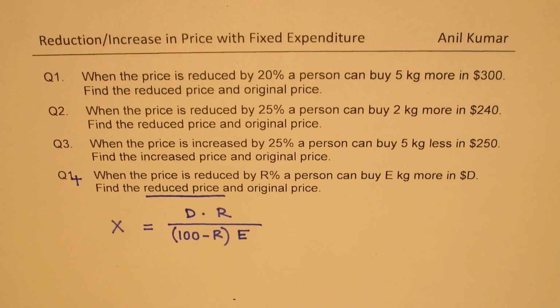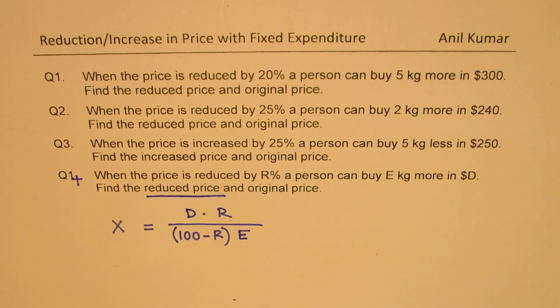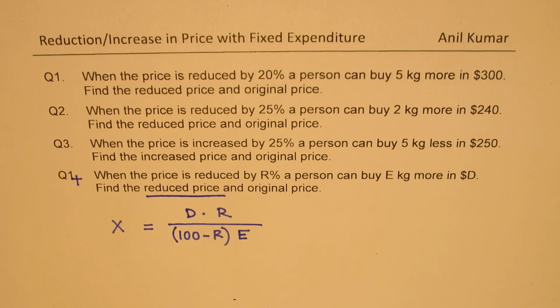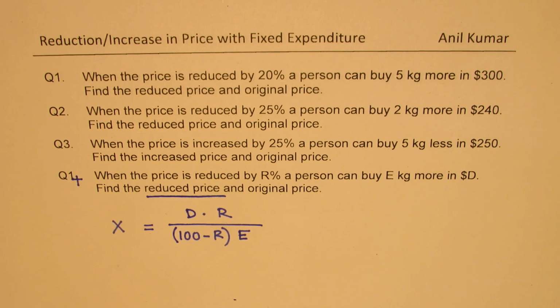So the idea here is to adopt a simpler method which works, and then you also appreciate this formula could have been used, but if you don't remember the formula, it makes no difference. My method will be much simpler than remembering any shortcut or formula. We'll go with the very basic concepts and solve these questions one by one.